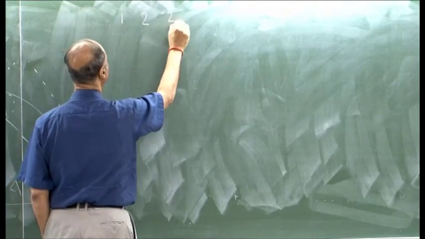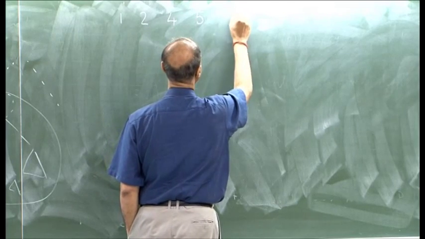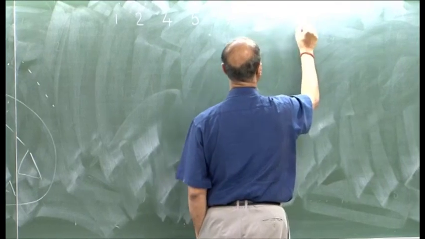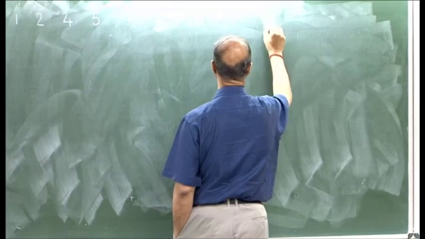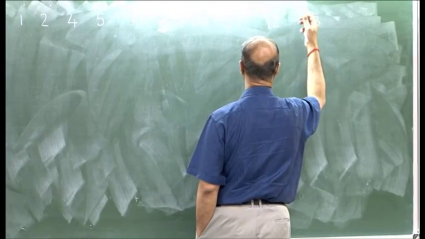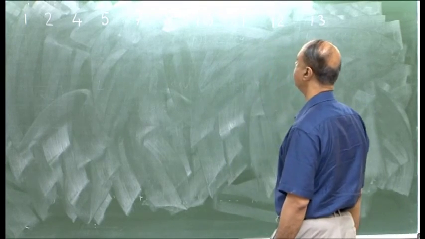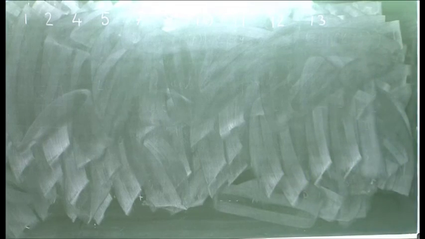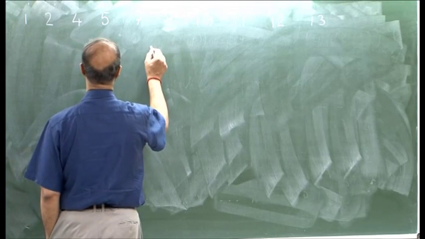Suppose I have 1, 2, 4, 5, 7, 8, 10, 11, 12, maybe 30. How many? 4 plus 4 plus 10 data I have taken, right? And let us assume that my tree looks like this.